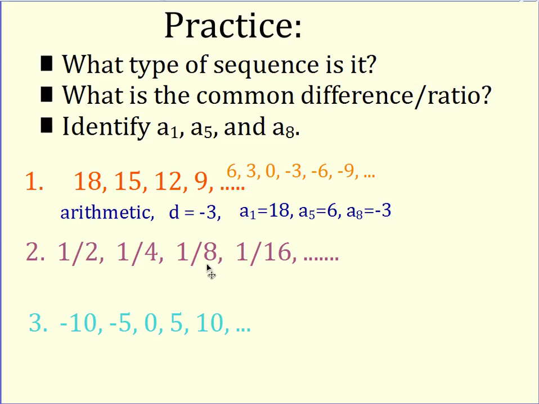And then the denominators look like they're being multiplied by 2 every time I move from one term to the next. That makes this a geometric sequence since we're multiplying, but since the numerator and denominator are getting multiplied by different numbers, we can make our common ratio a fraction. Our numerators get multiplied by 1, and our denominators are getting multiplied by 2.